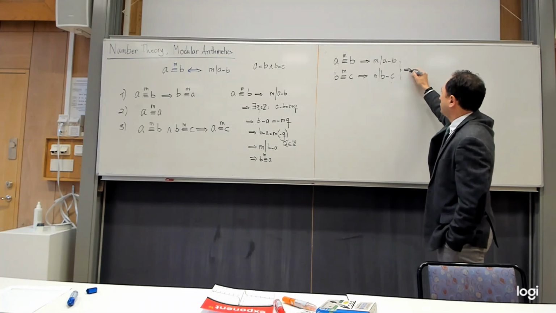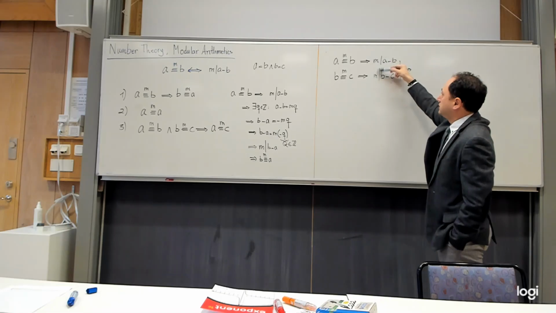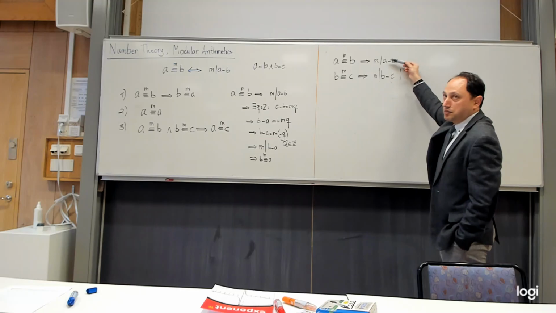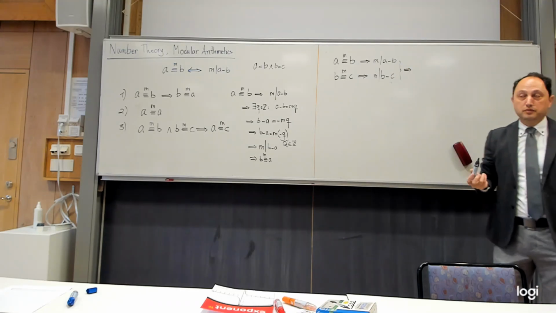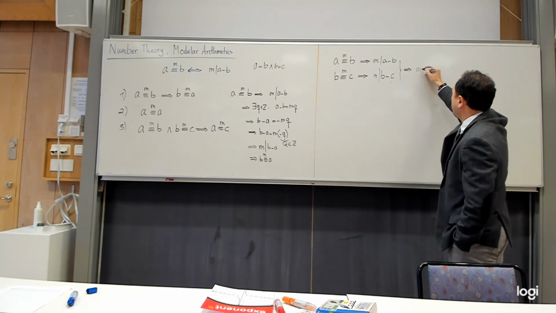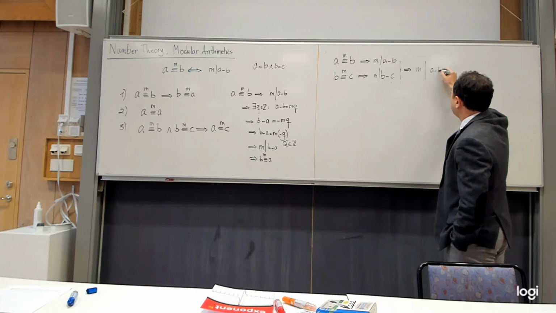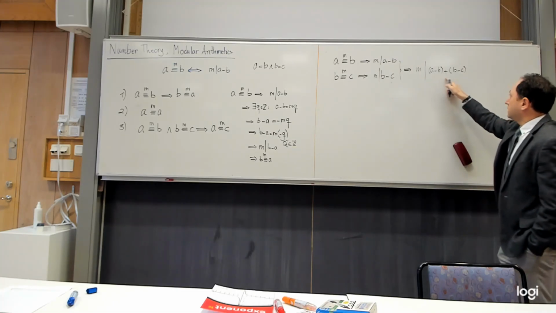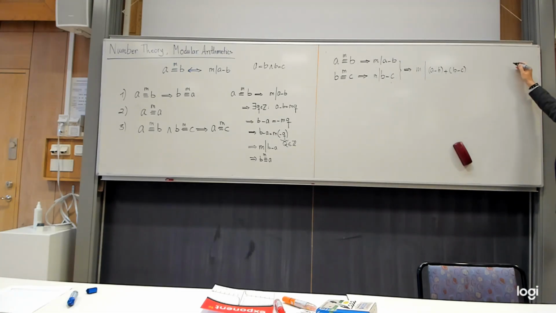Do you remember I told you that if one number divides two numbers, then that number divides the sum of those two numbers? We had something like that. So I can conclude that M divides A minus B plus B minus C. Is that understandable for everyone? We had this formula: if A divides B and A divides C, I told you this is important to remember, A divides B plus C and A divides B minus C, yes?